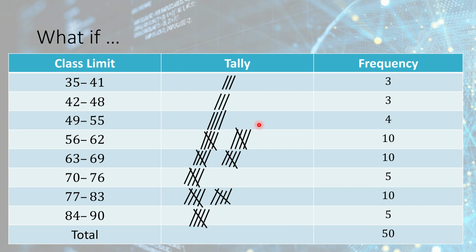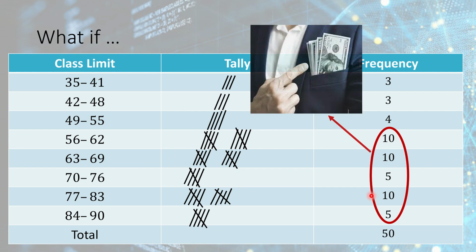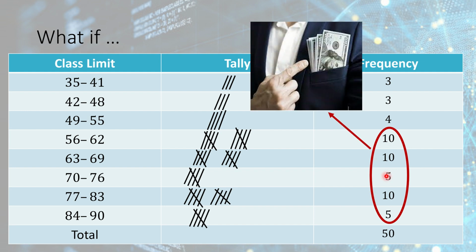If you write data in this form, we can conclude that this is the region where the people have more money. Most of the people have money if the age is above 56. So this is the advantage of organization of data.